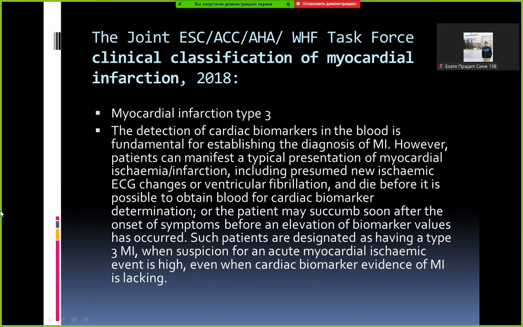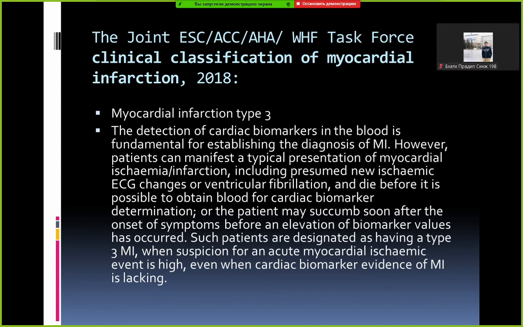Type 3. The detection of cardiac biomarkers in the blood is fundamental for establishing the diagnosis of myocardial infarction nowadays. However, patients can manifest a typical presentation of myocardial ischemia and myocardial infarction, including presumed new ischemic ECG changes or ventricular fibrillation, and die before it is possible to obtain blood for cardiac biomarkers determination.